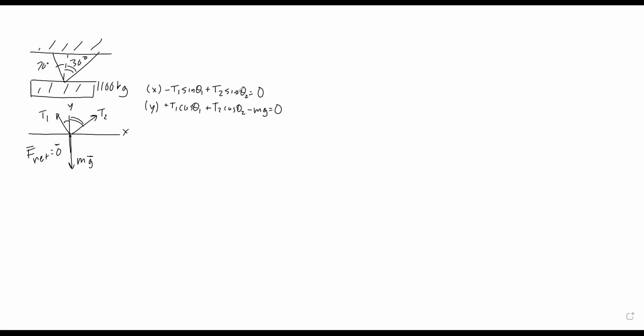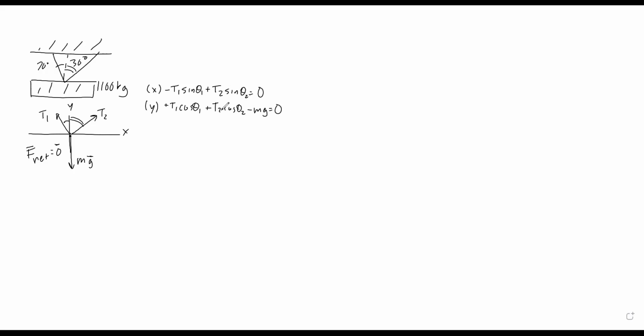So I'll show you what I would do in looking at these problems. If I wanted to solve for T2, I'd probably multiply the bottom part by cosine theta 2, and the top one by sine of theta 2.